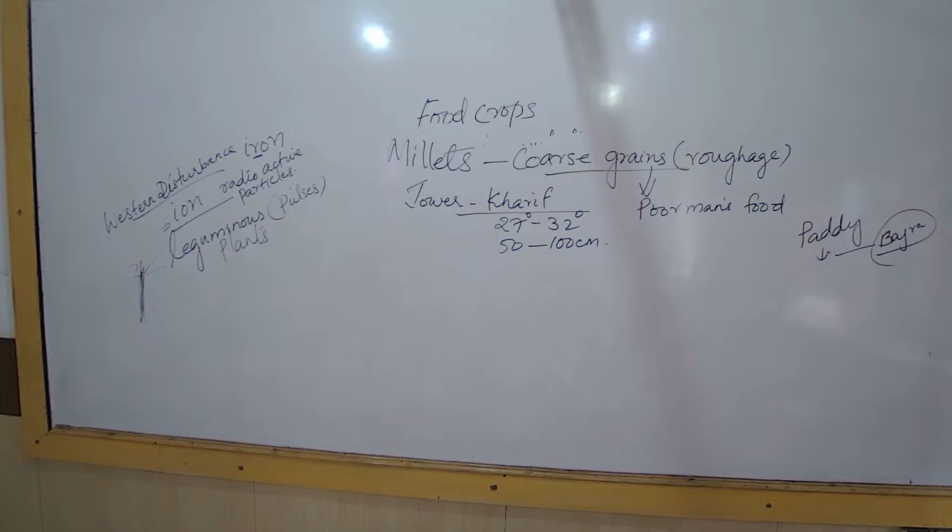Pulses, what is that? No, listen. So I'll tell you. Pulses are grown in both kharif and rabi season. Second is that protein. Moong dal, have you heard about moong? Vegetarian people consume pulses for increasing protein content.